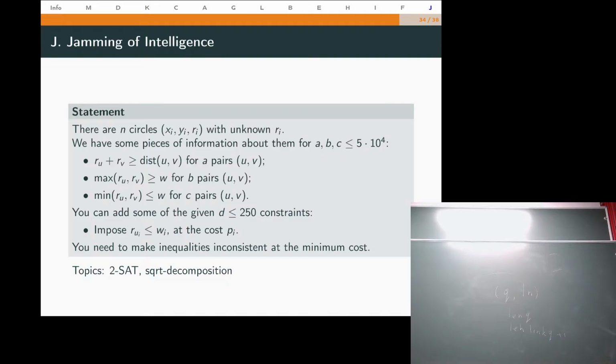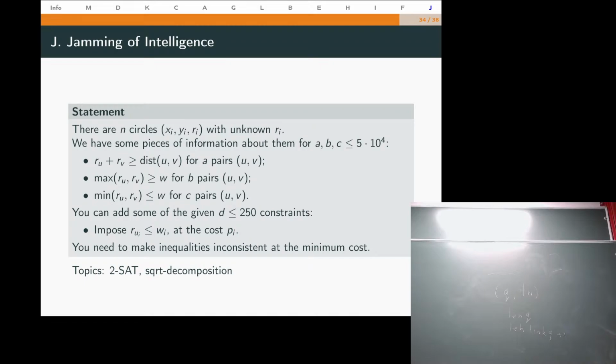Oh no, it should be: the first fact is that the sum of radii is greater or equal than the Euclidean distance between the centers of the circles.